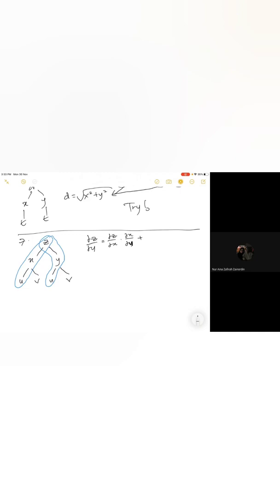Different branch you add, so del z/del y times del y/del u. So this is what you want to solve. What about the v? Just ignore it, the question does not ask for it. You take v when the question asks you to find v. So when the question wants you to find u, your v is constant, treat it as constant. When the question asks you to find v, then your u is a constant.